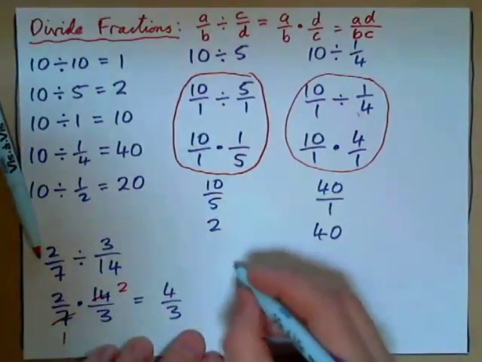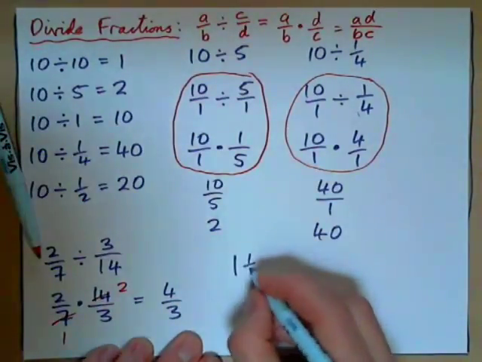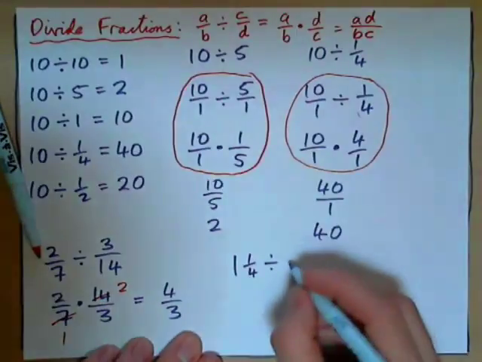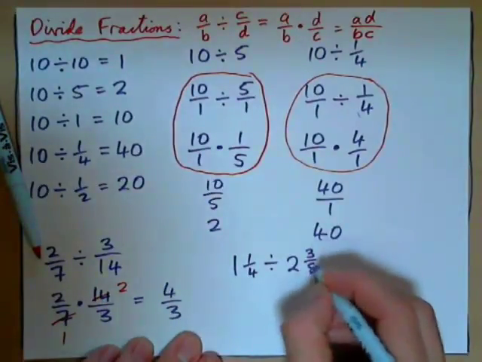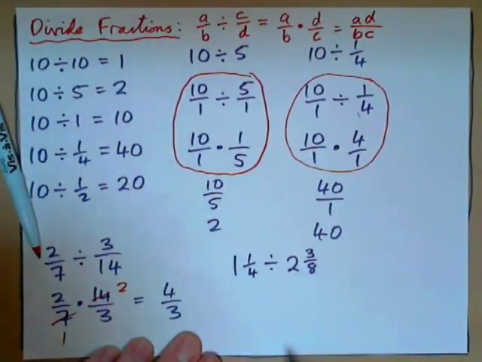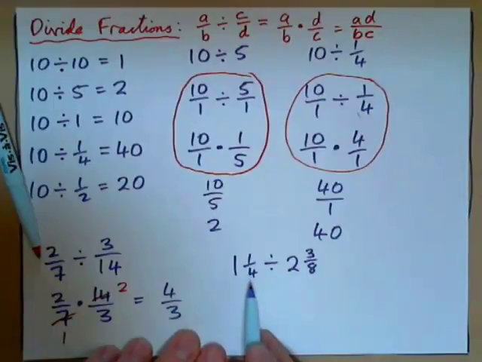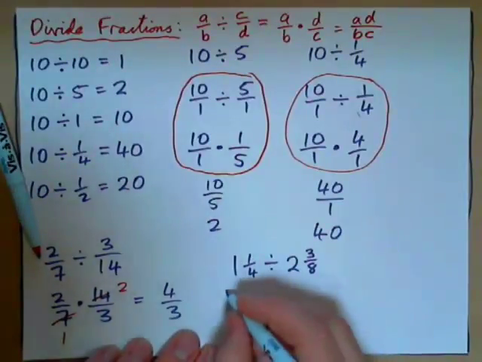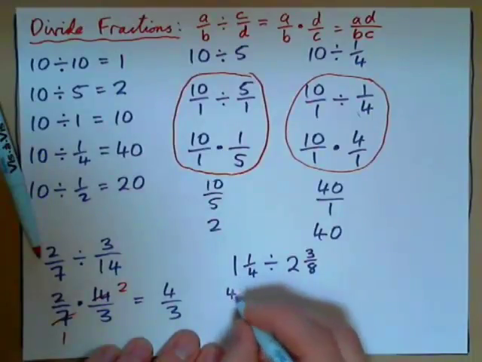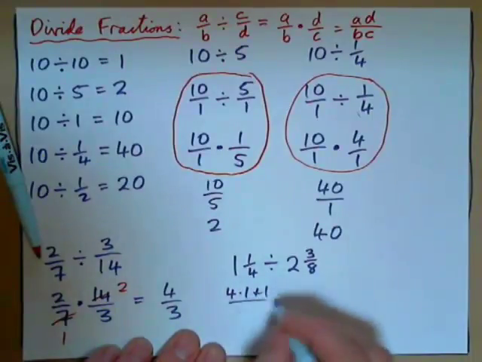Okay, how about mixed numbers? 1 and 1/4 divided by 2 and 3/8. Well, dividing mixed numbers, you might want to change them to improper fractions to begin with, right? 4 times 1 is 4, plus 1, 5. So we go, 4 times 1 plus 1, that's 5 over 4.